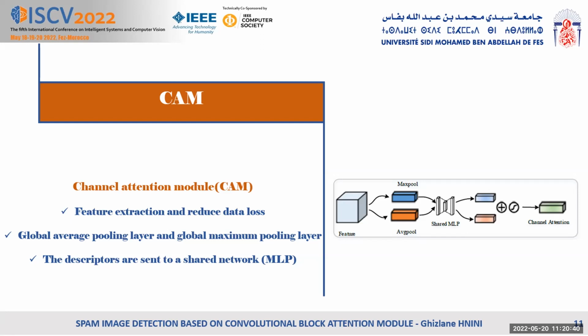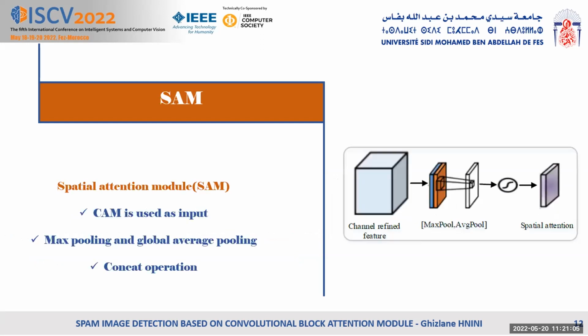The combination of these two layers is better than either layer alone. The descriptors are then sent to a shared network, such as a multi-layer perceptron with a hidden layer. After the shared network is applied to each descriptor, element-wise summation is used to merge the output feature vectors.